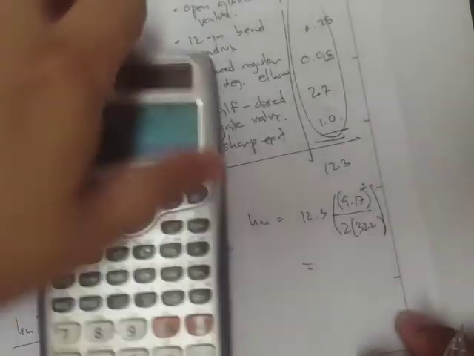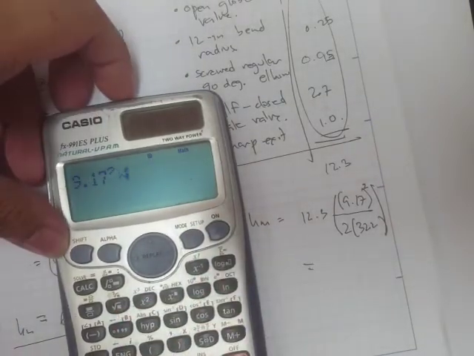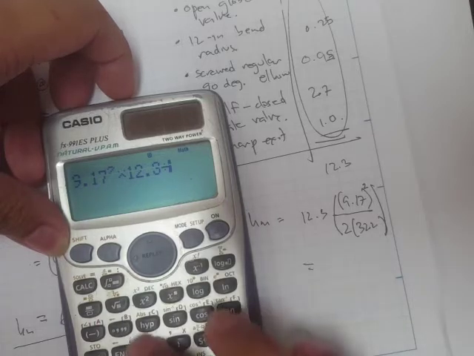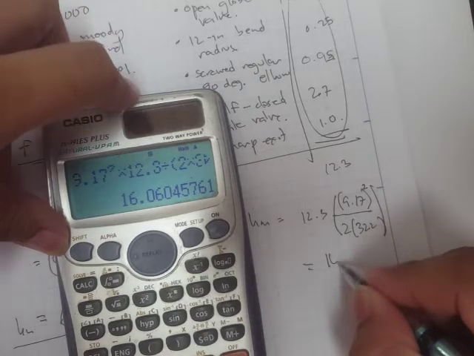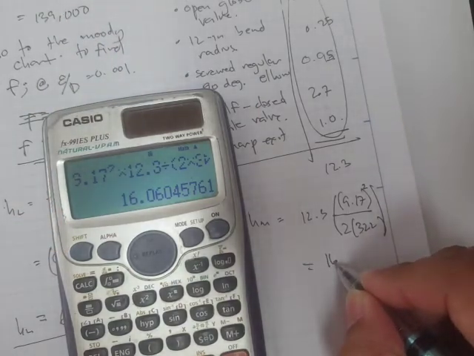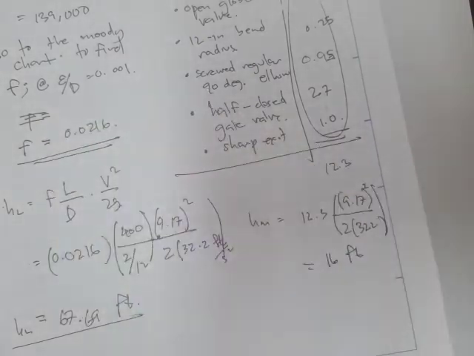So if we do the computation, we have 9.17 squared times 12.3 divided by 2 times 32.2, and we get a value of 16. That's 16 feet.